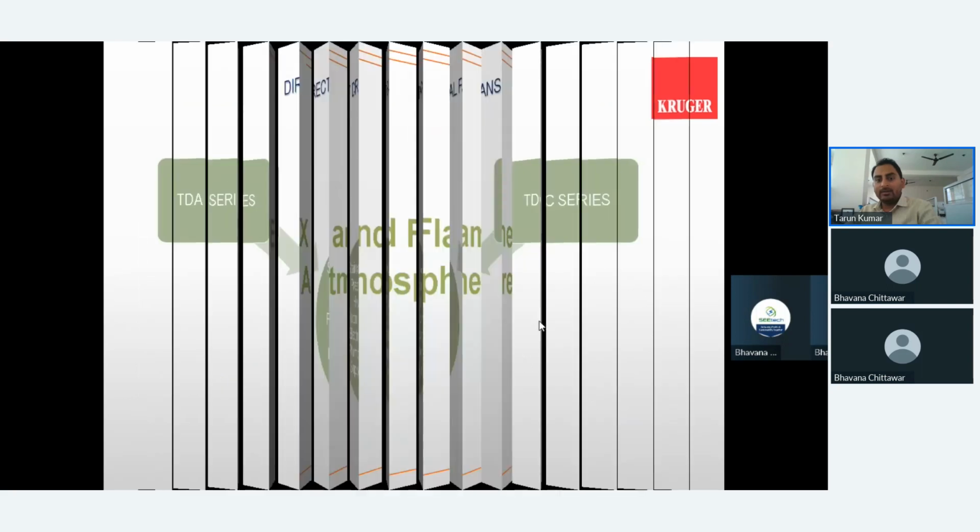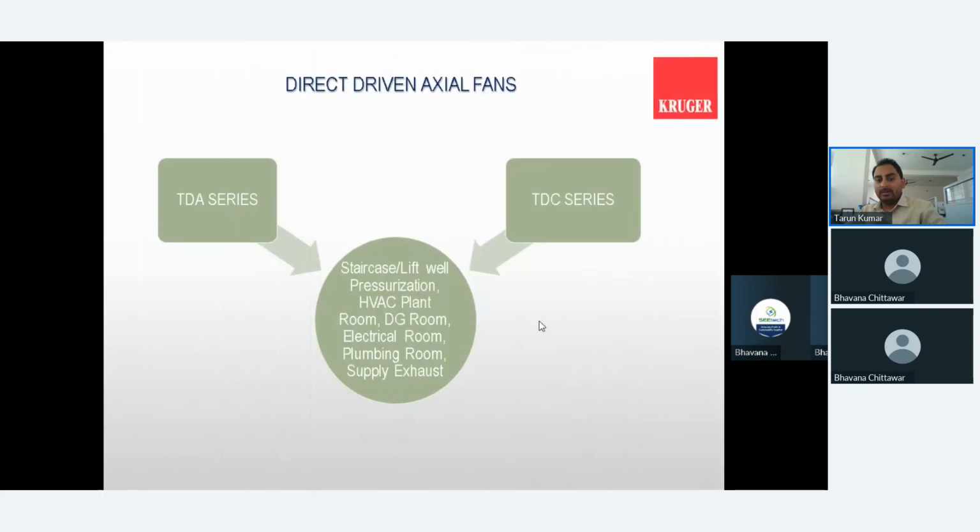At the same time, you can proceed with the direct driven axial fan, where your motor will always be class F, since you are pumping the air into the system. Class H motor is most of the time not required.